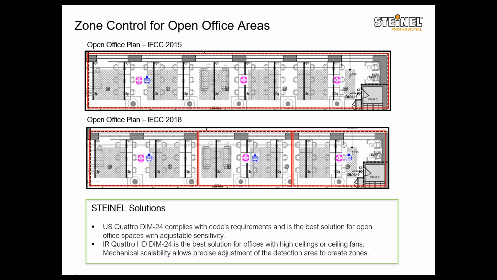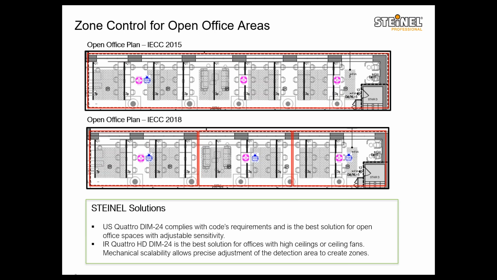So at Steinel, we have 2 recommended solutions for an open office area. The first solution is using the US Quattro DIM-24, especially with the upgrade to the firmware that allows us to meet all the code requirements in terms of dimming and daylight responsive controls.